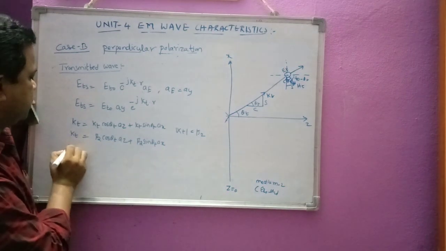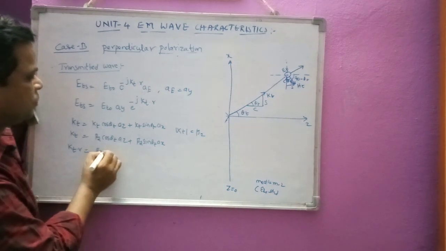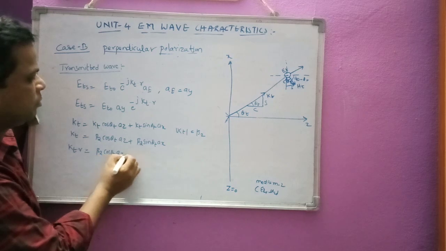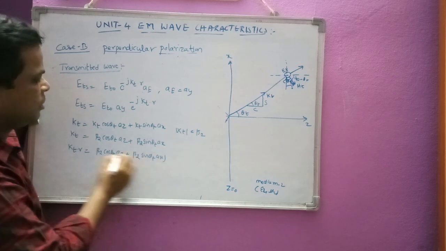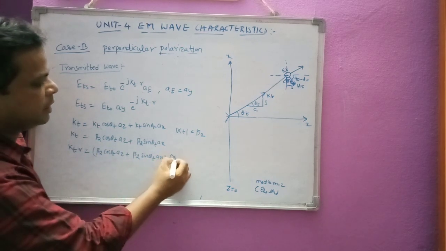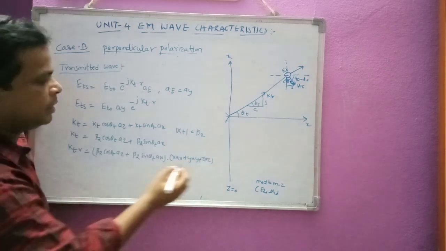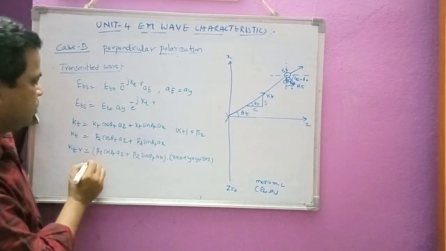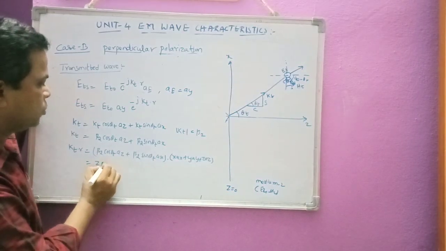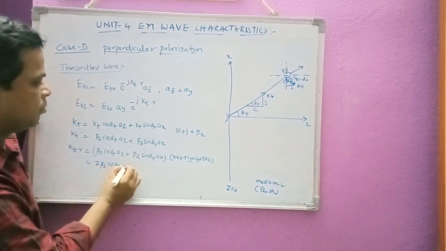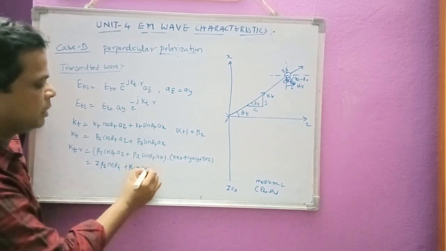Now kt dot R becomes beta 2 cos theta t az plus beta 2 sin theta t ax dot x ax plus y ay plus z az. The dot product will become beta 2 z cos theta t, as az dot az is 1, plus beta 2 x sin theta t, as ax dot ax is 1.